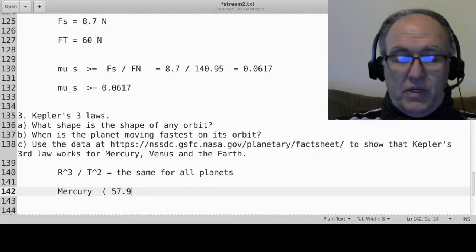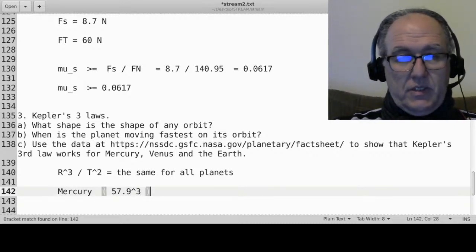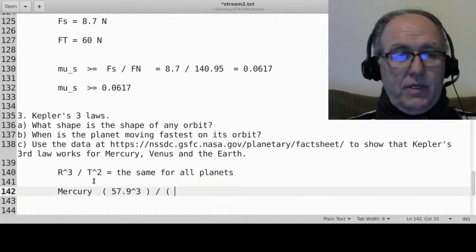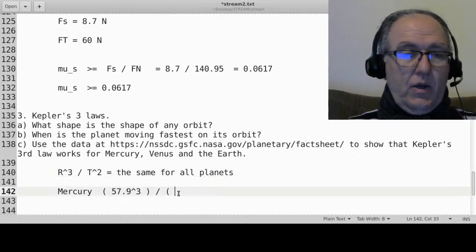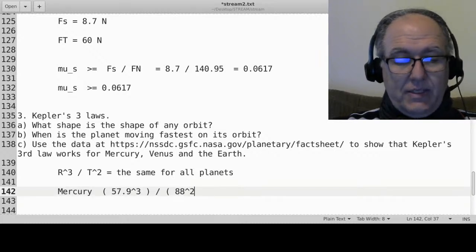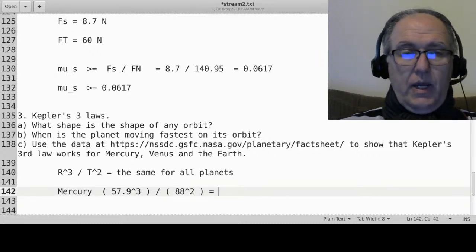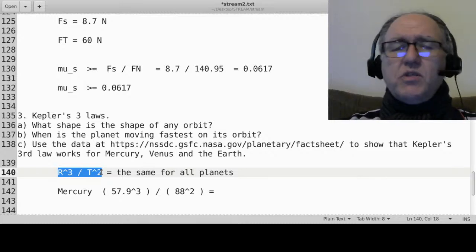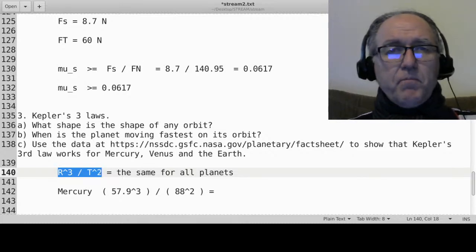We can work in units of millions of kilometers, and you raise the radius to the third power, divided by the time it takes Mercury to go around the sun, which is 88 Earth days, squared. This r cubed over t squared will have funny units, but as long as we use the same units for all of them, we should be good.